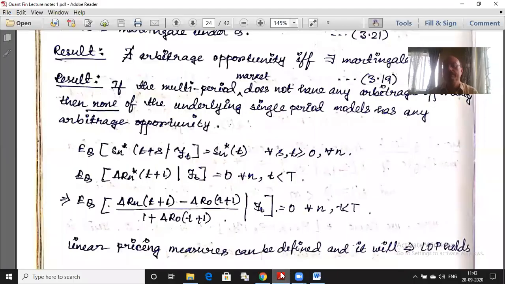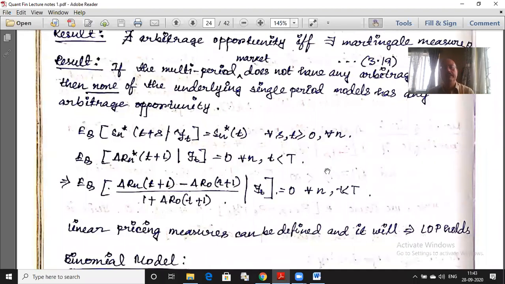So we were talking about these definitions, no arbitrage opportunity and its equivalence with the martingale measure, and also the multi-period extension and its link with the single period markets. So we have just understood one result, and my question to you was whether we need to talk about the reverse direction also.